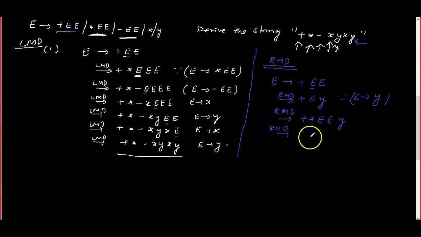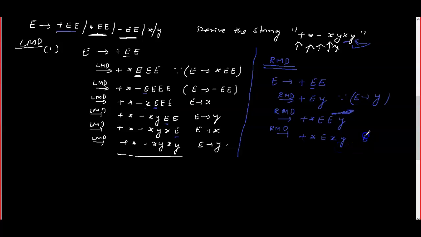Now in RMD, plus star E. You have to substitute in the place of this one, right? Because the non-terminal from the right hand side is this, right? Now what we need here, Y we already got, X we need. So I can write here X and this Y stays as it is.